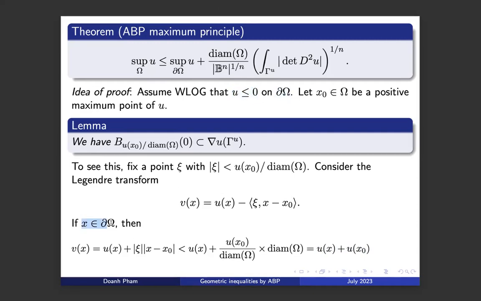And because x is on the boundary, U(x) is non-positive. And therefore, V(x) is less than U(x0). And by the formula of V, V(x0) is the same as U(x0). So meaning the supremum of V on the boundary is less than V(x0).